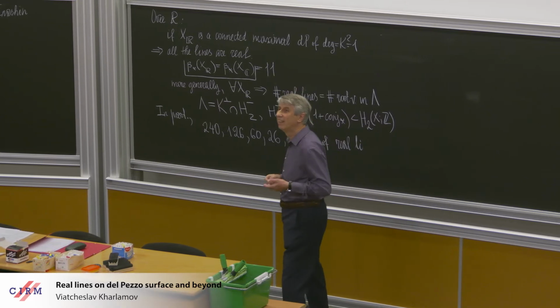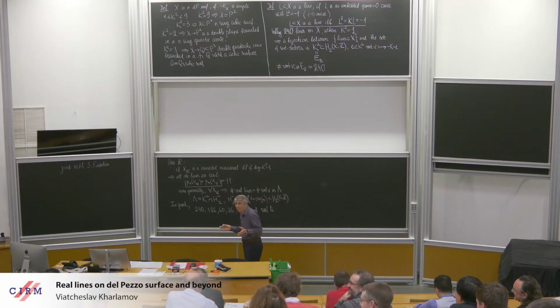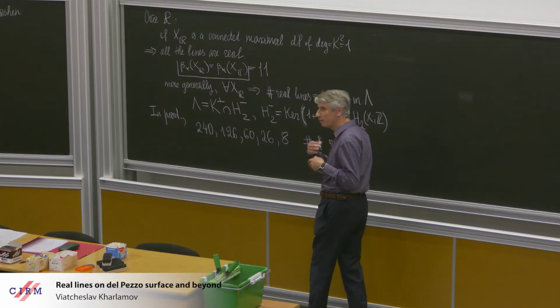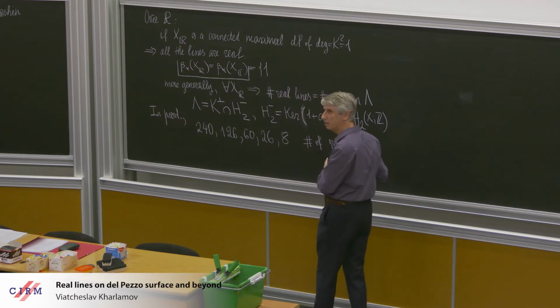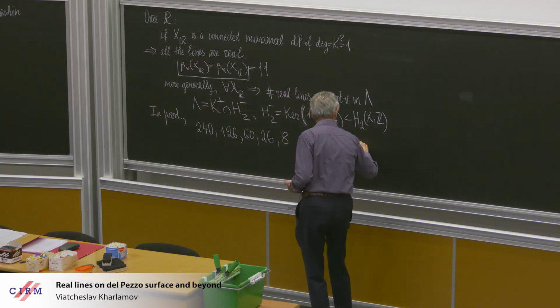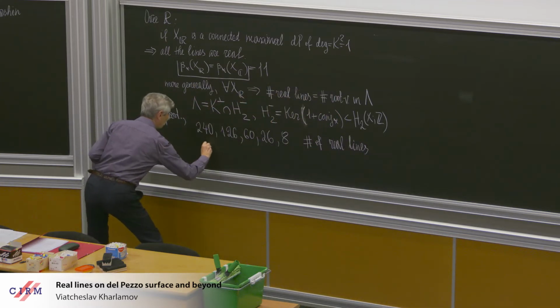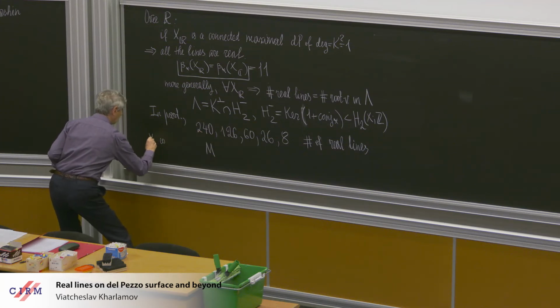Wait a moment. I can't answer all the questions at the same moment. In fact, I started a sentence and I didn't finish. So it's the number of real lines in the following cases. This is the M-surface. This is only the series when X_R is connected.